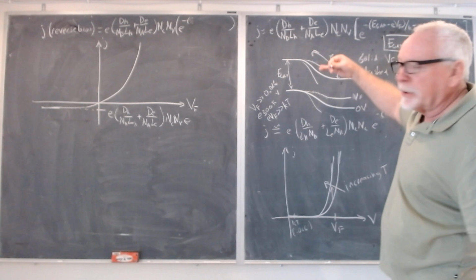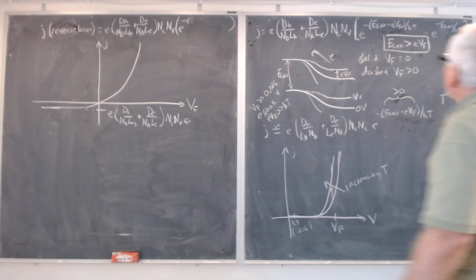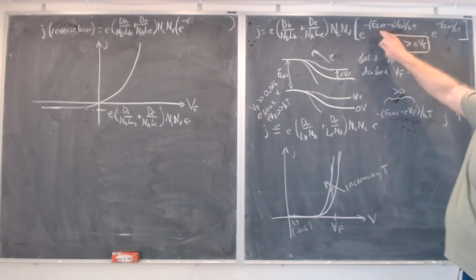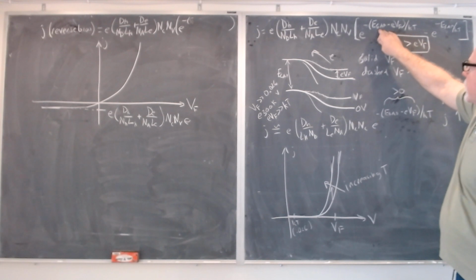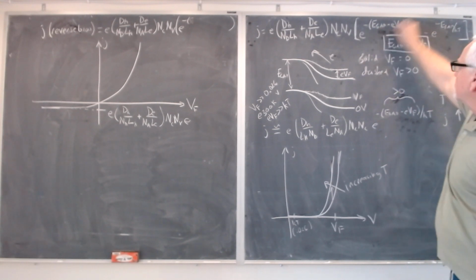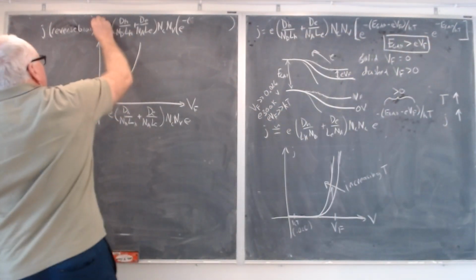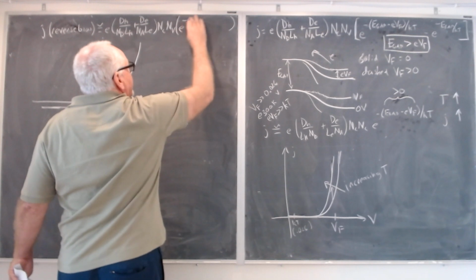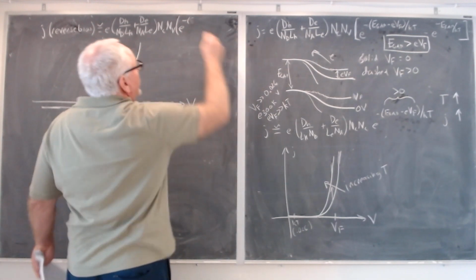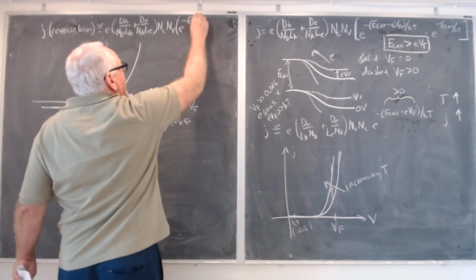It's making the barrier even larger. So in reverse bias, that can become e to the minus a really big number. And so e to the minus a really big number is 0. Okay, so all I have to do here is write e to the minus E gap over kT.